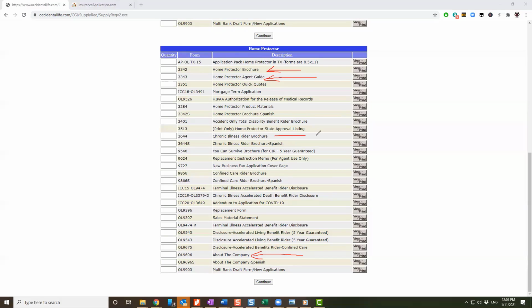It tells you what the chronic illness brochure, what's a chronic illness, what's confined care, let me see if we have the critical illness, the accident and total disability. So all these are benefits. Insurance agents call these riders, but they are benefits to the customer. So those are the materials that you need to download.